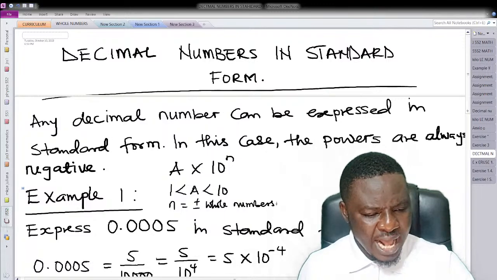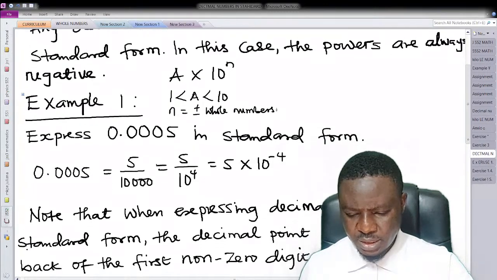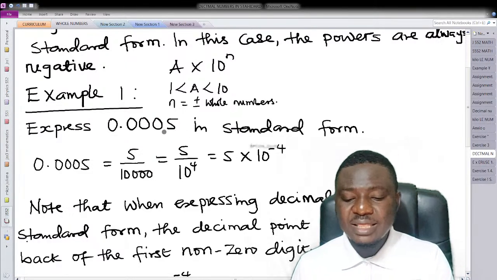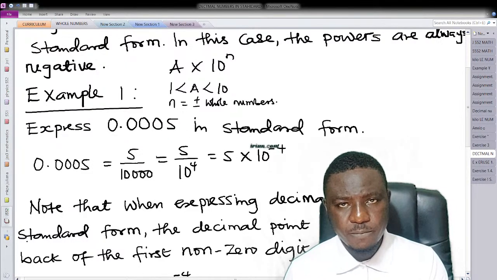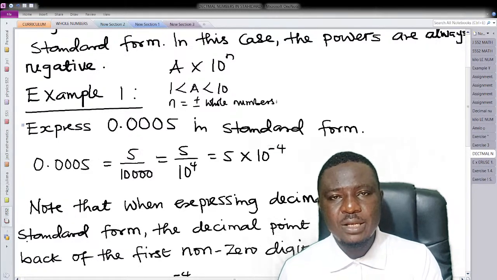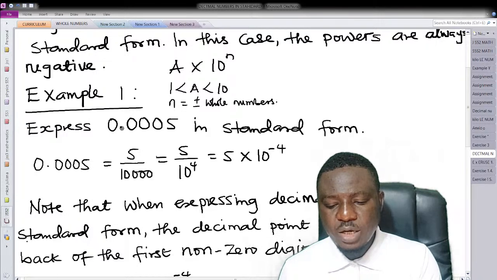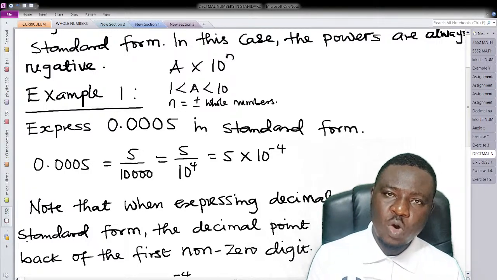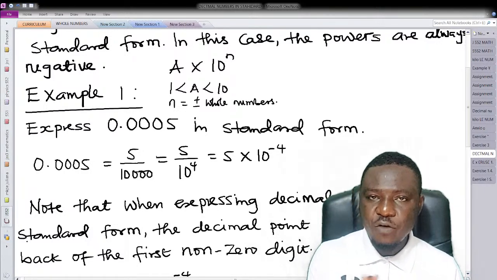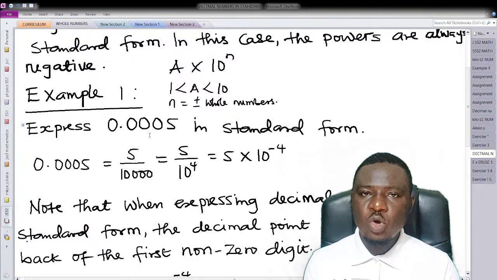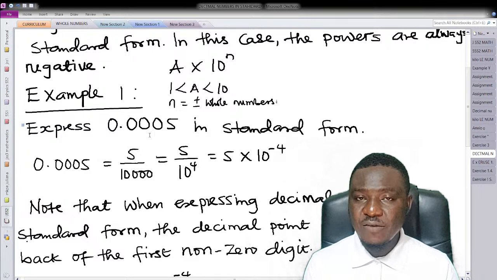Example, we are asked to express 0.005 in standard form. This is a fraction. Remember, in GSS 1, you were taught that digits towards your left, beginning from the decimal point, are the whole number part, while those towards your right are the fractional part.